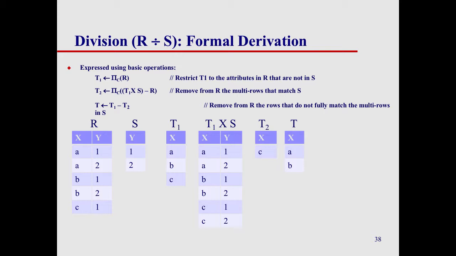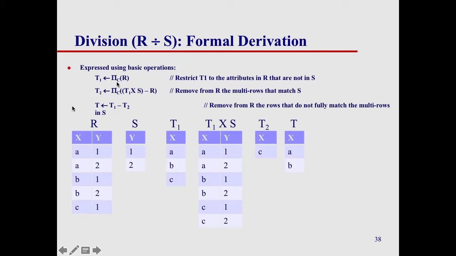So next, remember it's a courtesy operation, syntactic sugar. It can actually be derived from the other operations in the relational algebra. The way we derive it is in 3 steps.